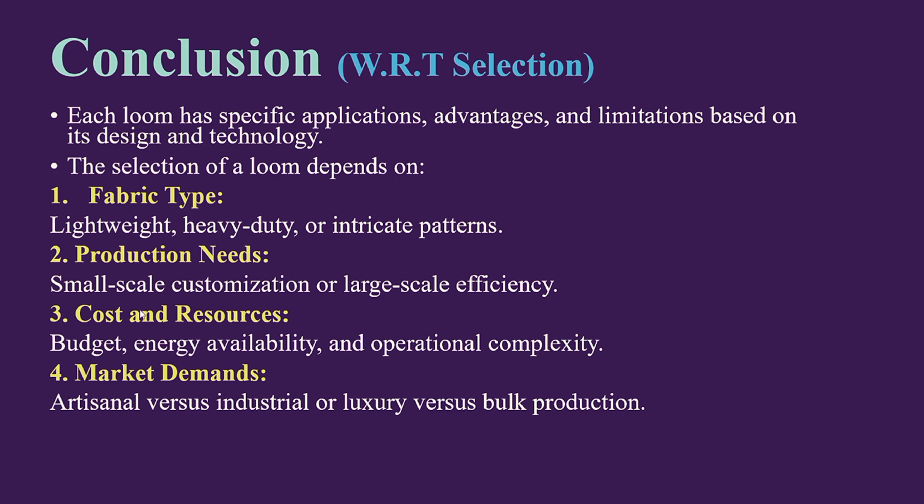Fourth variable on which selection of loom depends is market demand, artisanal versus industrial. Either you are producing for industry or luxury, or only you have focus of bulk production. These are the variables on which selection of loom is dependent.